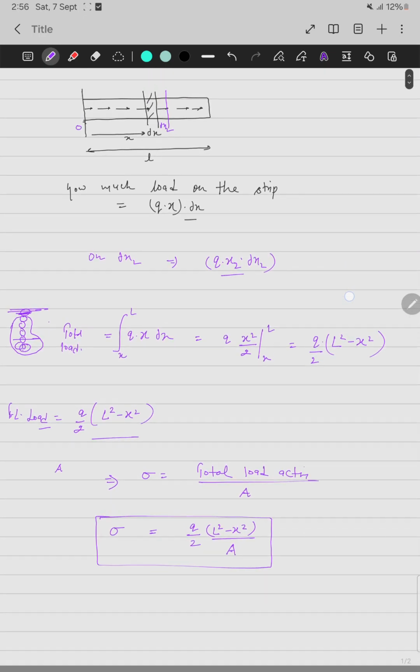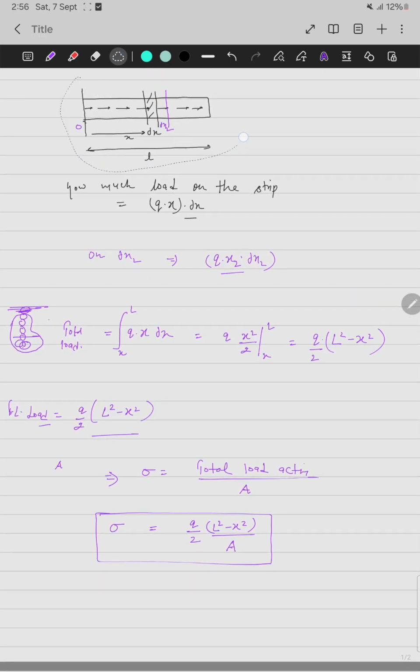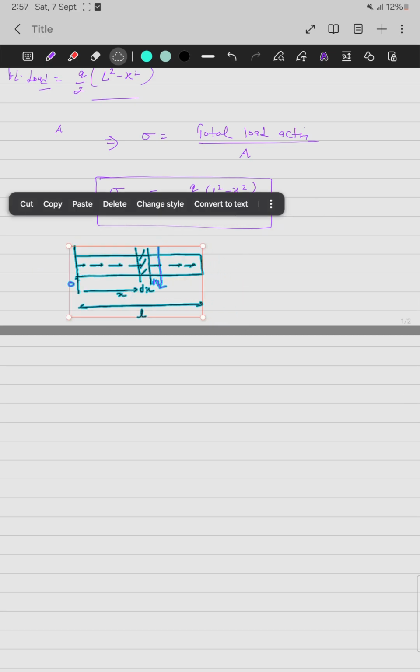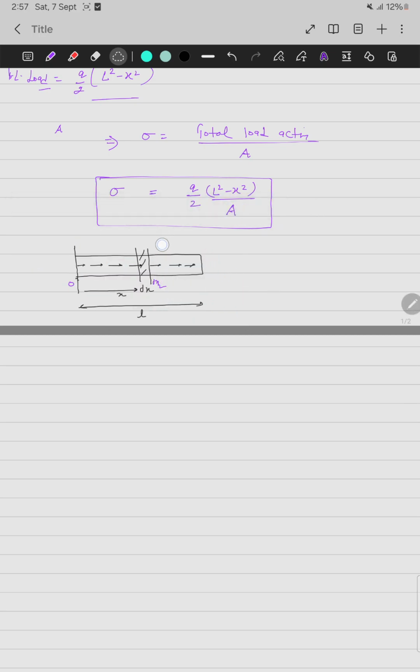Now if we consider the whole system, I am copying it and putting it here. Let me remove this section. So if we see this section, this is dx. Let's suppose here our displacement is u1 and here our displacement is u2.